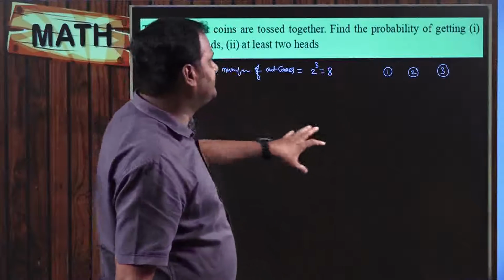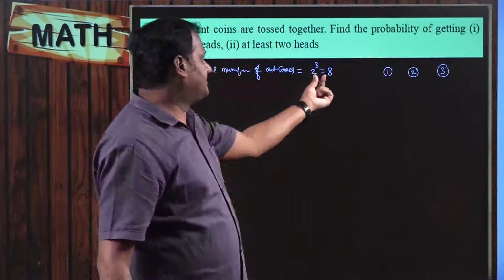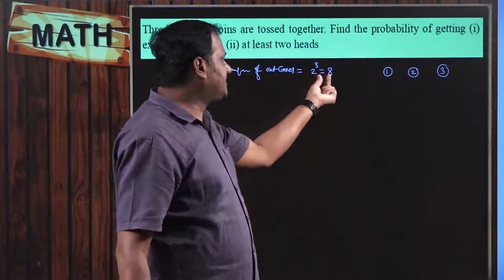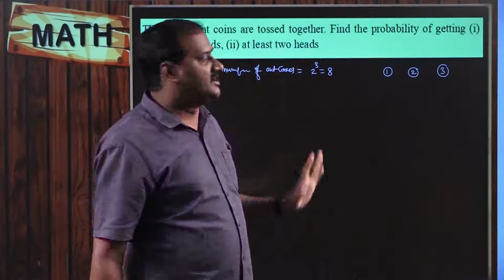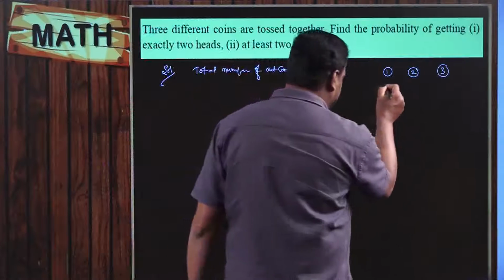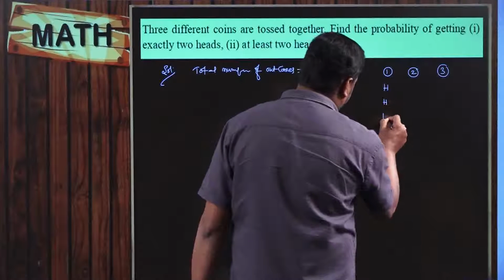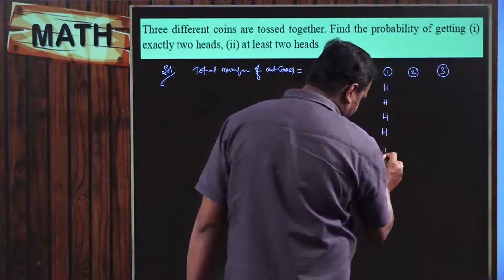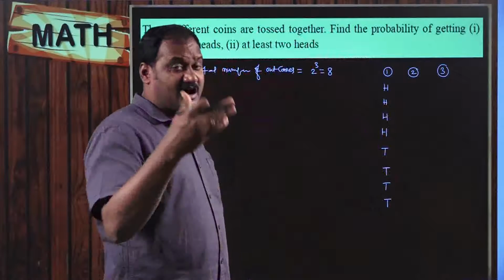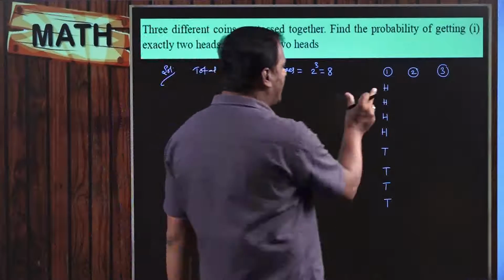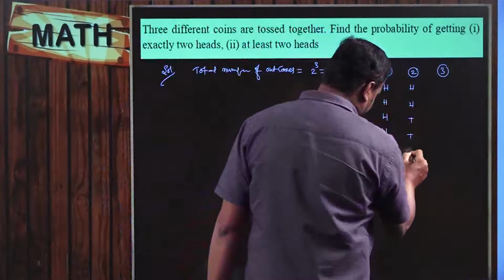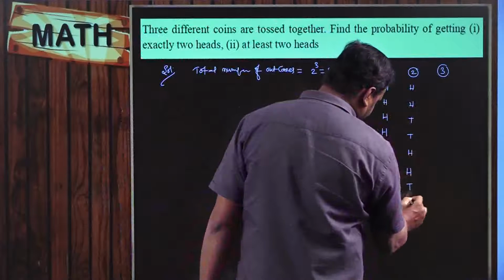See, it is very easy to list out all the outcomes. There are totally 8 outcomes, right? For the first coin, half of them are heads and half of them are tails. Out of 8, half means 4 of them are heads and 4 of them are tails. I would write heads, heads, heads, heads, and similarly tails, tails, tails, tails. For the second one, half of 4 is equal to 2, so 2 heads and then 2 tails, and then 2 heads and then 2 tails.